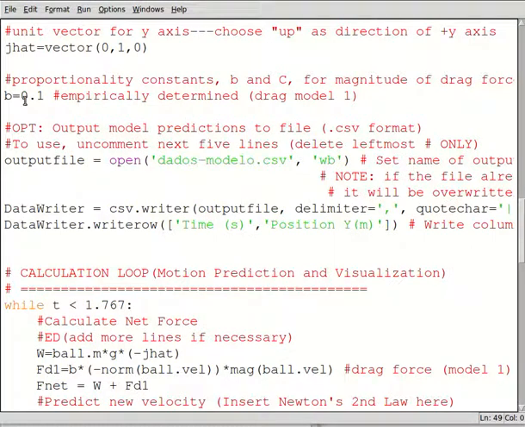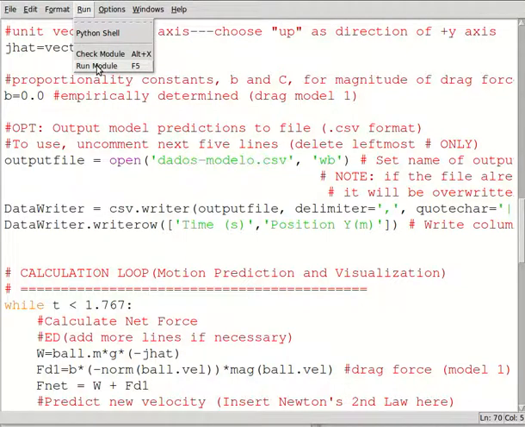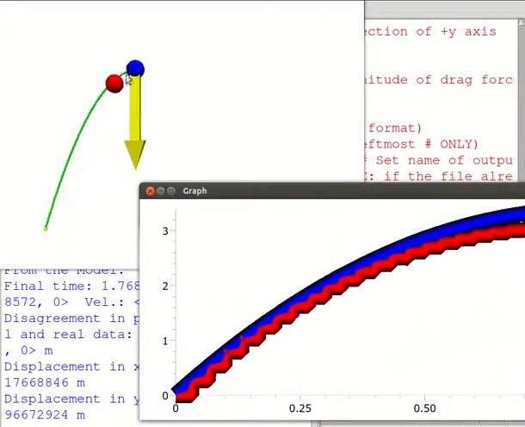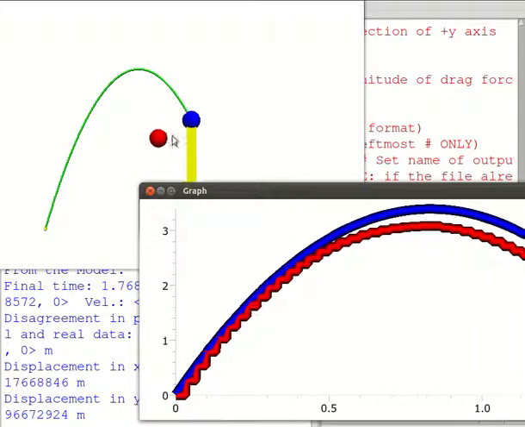The constant B for the drag model was obtained empirically. And it's interesting to see the effect of the drag. If we set this to 0, we can run this code without drag, and we'll see a bigger disagreement.